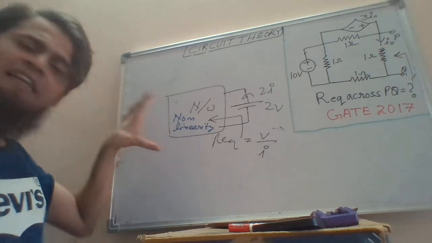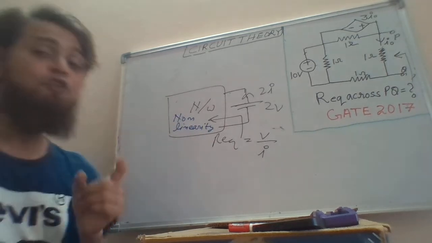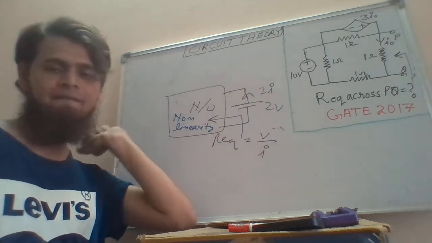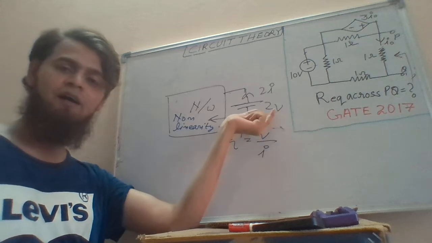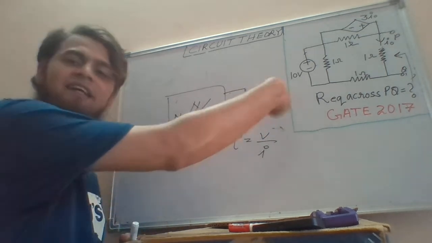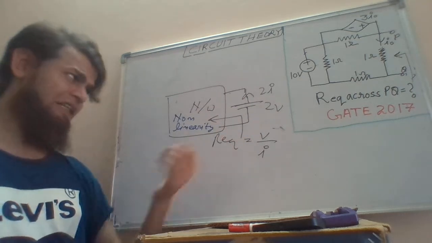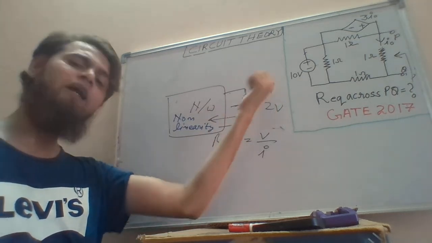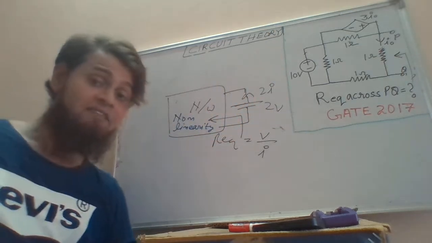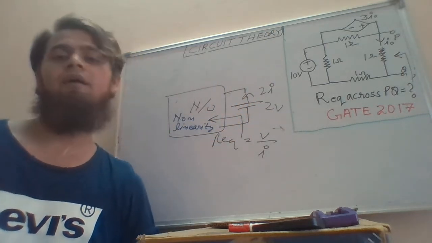Non-linearity is still there in the network. So you should not expect the current to get doubled if you double the voltage. You will not get the same ratio. If you double the voltage, the current is not doubled, so the ratio of voltage and current, which you are calling R equivalent, will not be the same.